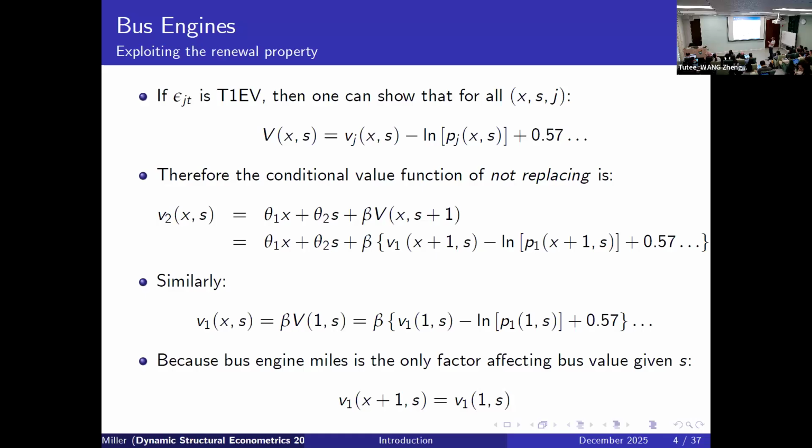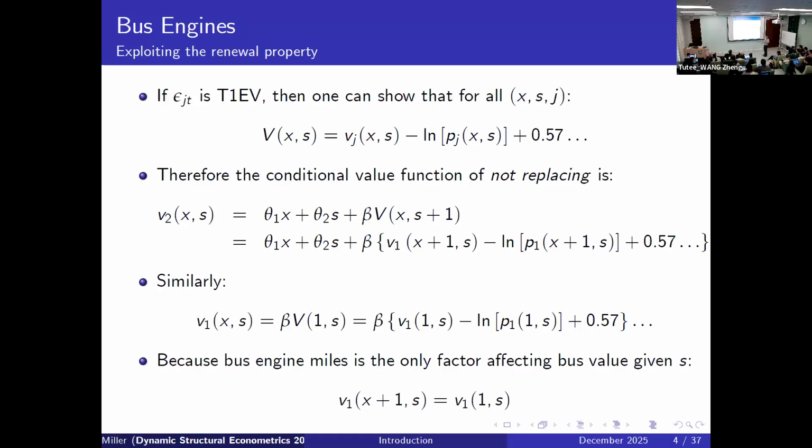Well, John showed, and you can generalize this formula, that if we look at the difference between what's called the social surplus function, remember, the value of the lifetime utility before you see today's epsilons, it equals the conditional value function, which is what you get from making this choice, minus the log of the probability plus Euler's constant left over. Think about it closely: what if P was equal to 1, or really close to it?